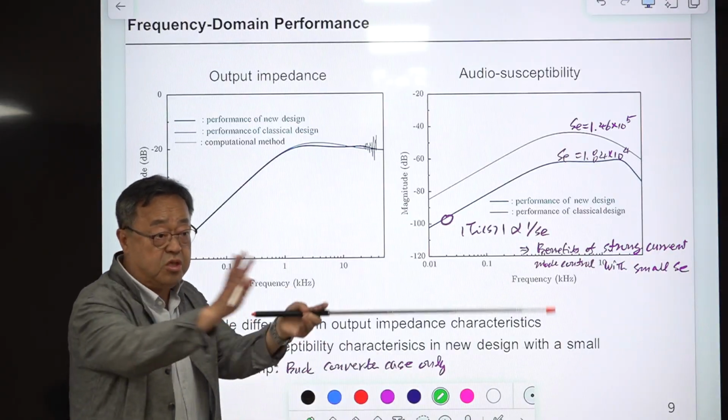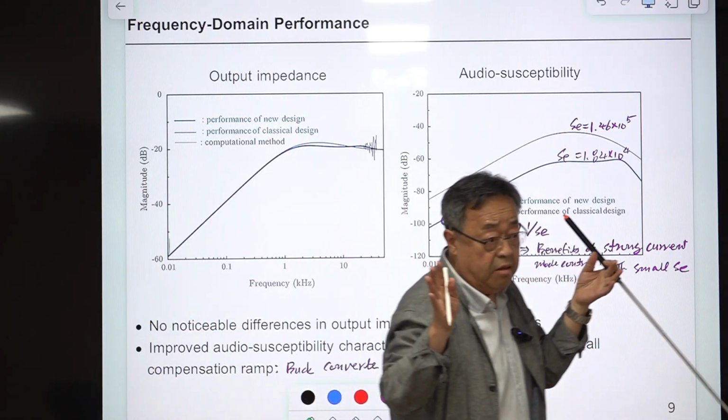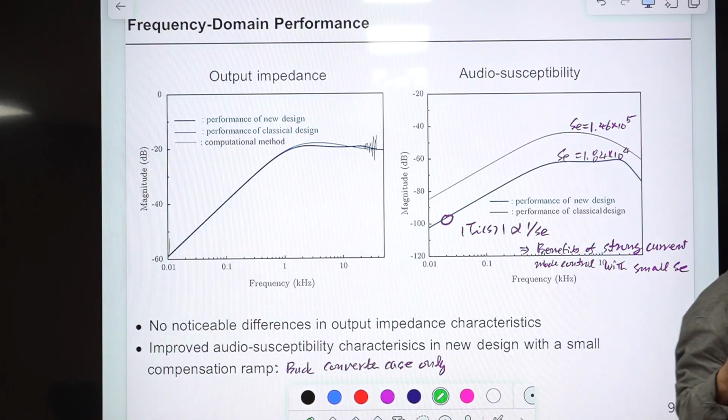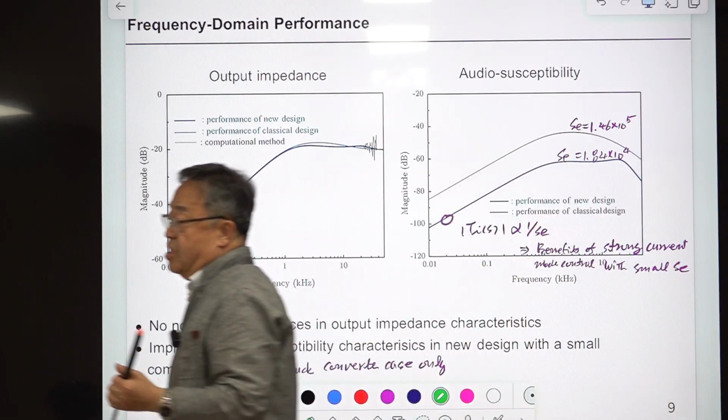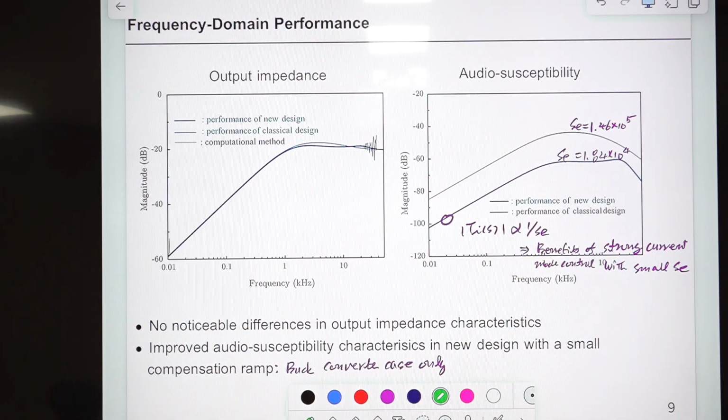Okay. So most characteristics remain the same, but audio susceptibility becomes much smaller in the new design, which improves step input response. That is obvious, because the audio susceptibility is directly related to the step input response.